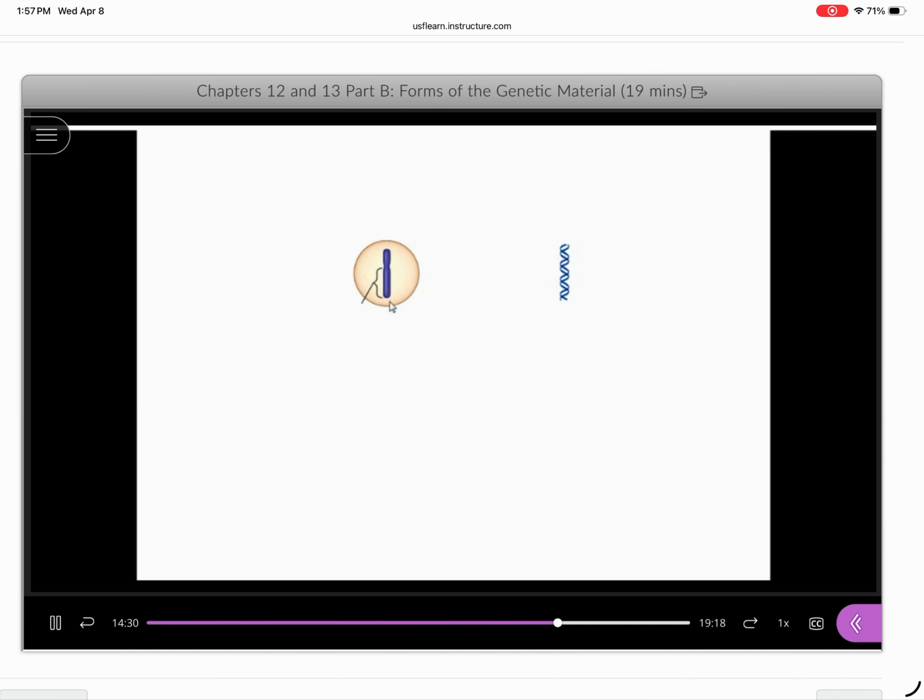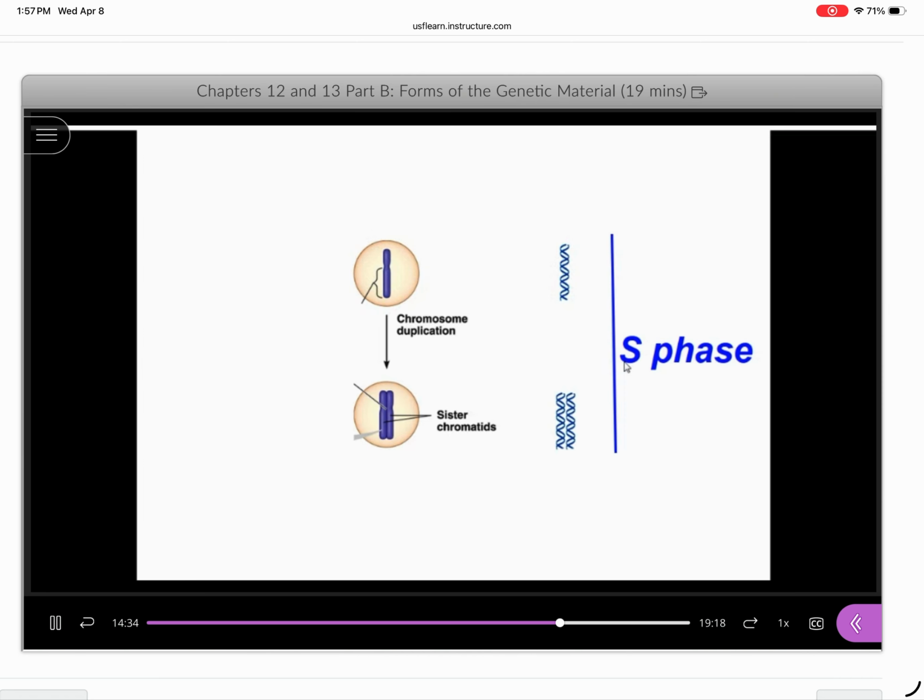So before cell division, there's one DNA. One chromosome means one DNA. In preparation for cell division, the DNA is copied. It's called DNA replication, and it produces two identical DNAs. That happens in S phase, and that's the result. Each chromatid is a DNA.